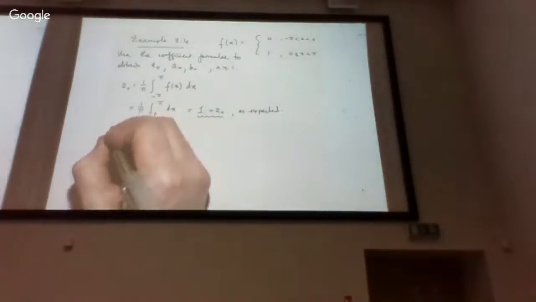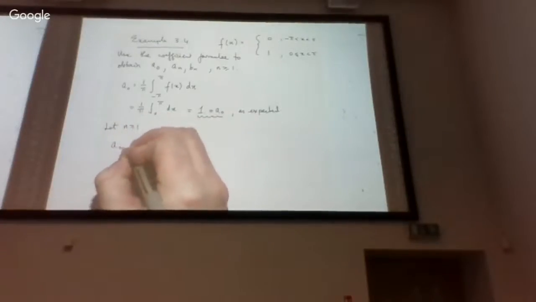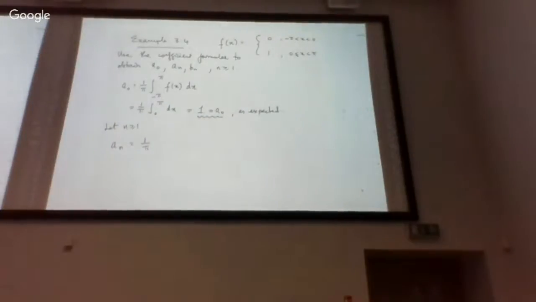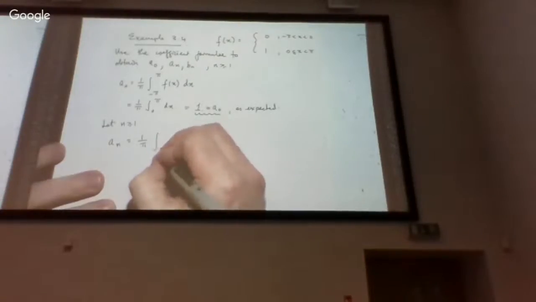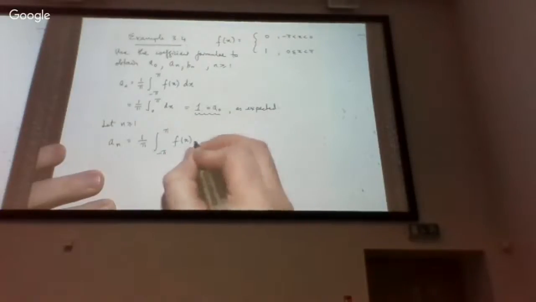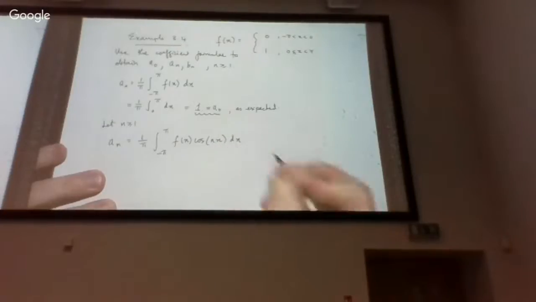Then we want to let n be some number bigger than 1, and we want to look at the other An's. We should be able to work them all out in one go, rather than work out A1, then A2, then A3. We should just be able to deal with them all at once. So it's equal to 1 over pi, the integral from minus pi to pi of our function f of x times the cosine of nx dx.